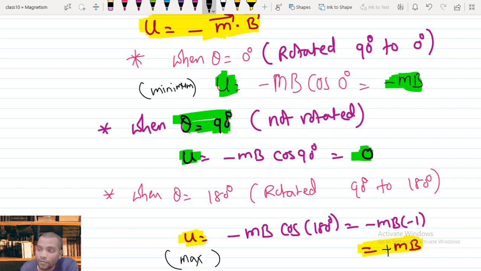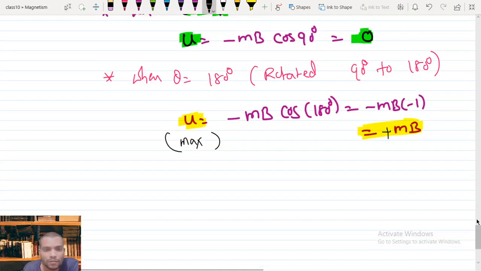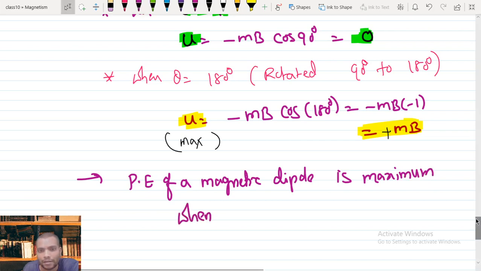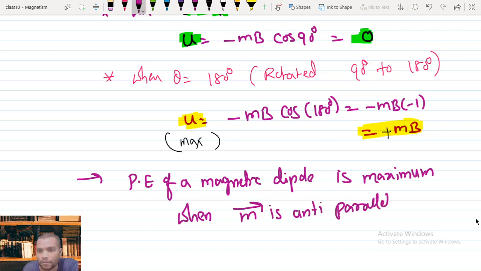So that's when the potential energy of a dipole is maximum. Very important point, take as a note: potential energy of a magnetic dipole is maximum when the magnetic moment vector is anti-parallel to the magnetic field vector.